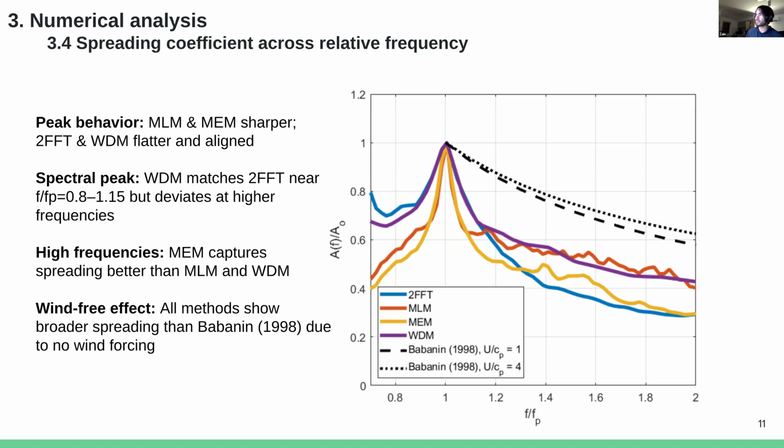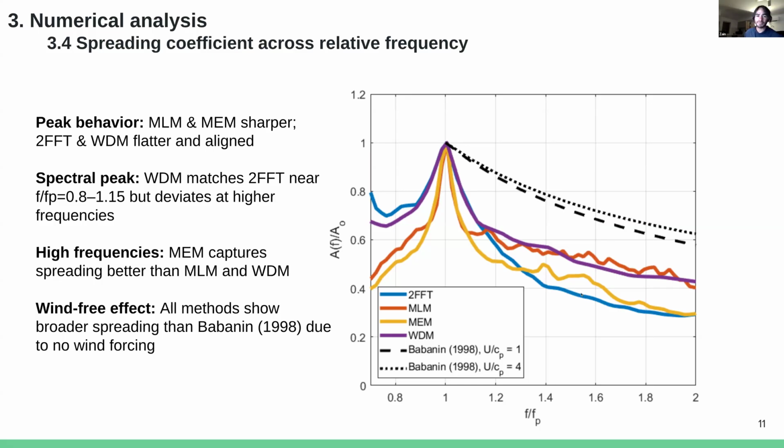We saw sharp peaks for the maximum entropy method and the maximum likelihood method, and the directional method, in purple, aligned very well along the peak frequency, but it deviated as we went into higher frequencies. In this range of higher frequencies, the maximum entropy method actually aligned more with the base spectrum.